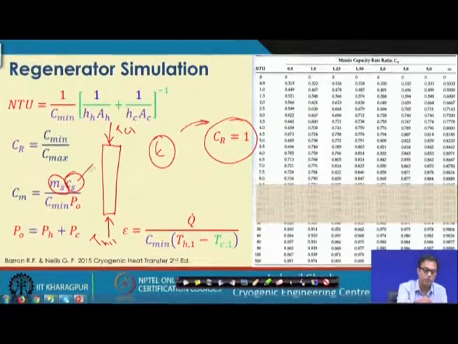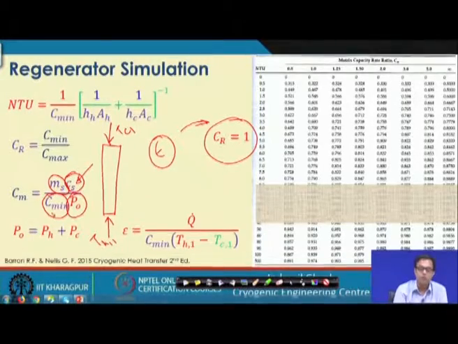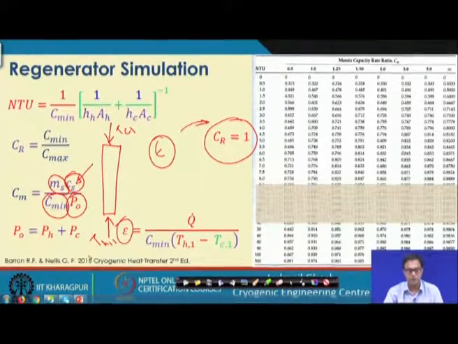So, we would be able to find the operating temperature of the Cs average, and Cmin is already known. P0 is the total period, the duration of the hot and cold fluid flow, and that is also known. Here what we are trying to find out is the effectiveness of that particular regenerator.